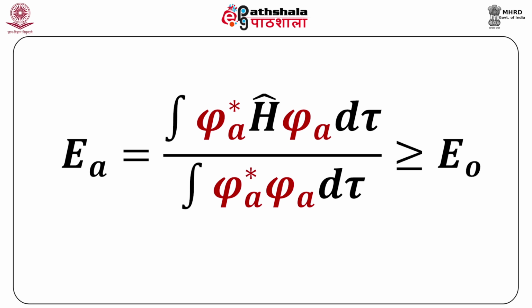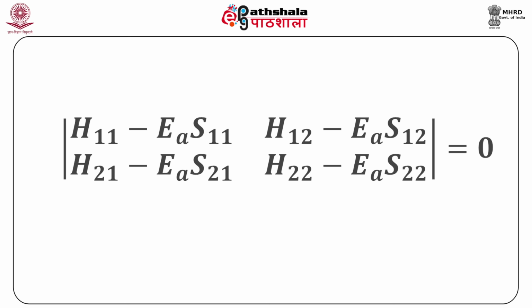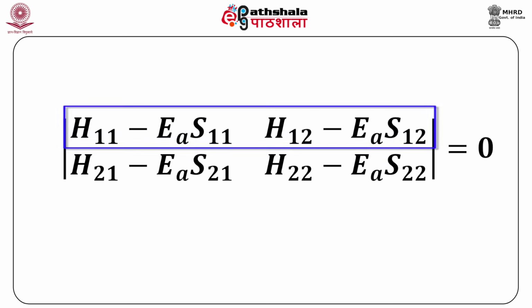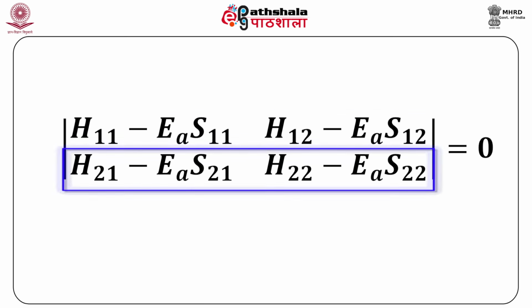In this equation, if we substitute the values of the molecular orbitals in terms of LCAO and then simplify, we get the secular determinant, which looks as shown here. For a diatomic molecule, it would be H11 - E S11, then H12 - E S12, and the second row is H21 - E_A S21 and H22 - E_A S22.